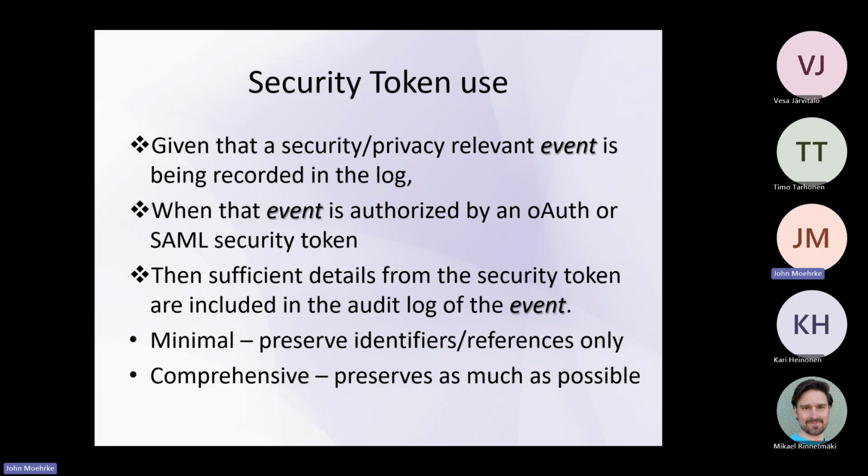We tried to limit the information that's recorded such that it is not really exposing the security itself, but exposing an identifier that if you have access to the token authority, you can find out the details of the token. But quite literally, sometimes all you have is a token which is reusable.